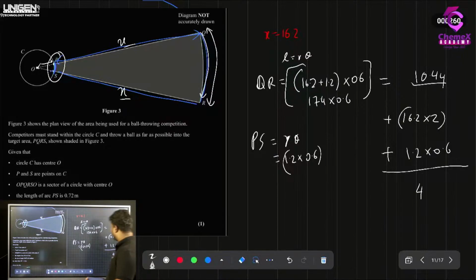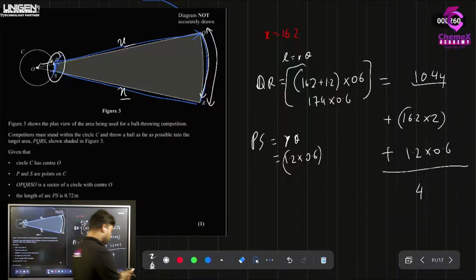What do you get when you add all of those answers? Because perimeter is all addition. 43.56. You can round it, so 44.